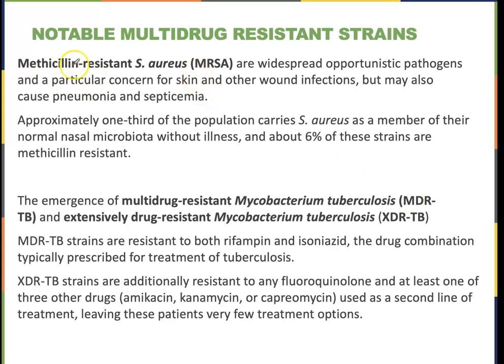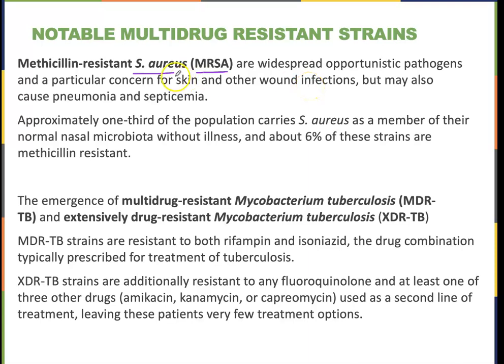It's the methicillin-resistant Staph aureus, also known as MRSA. If you are working in the health field now or in a hospital, you have probably heard of MRSA, and it's basically Staph aureus is on the skin of a lot of people as just the normal flora. A lot of people carry Staph aureus in the skin, in the nose, in sort of the upper respiratory parts of their body.